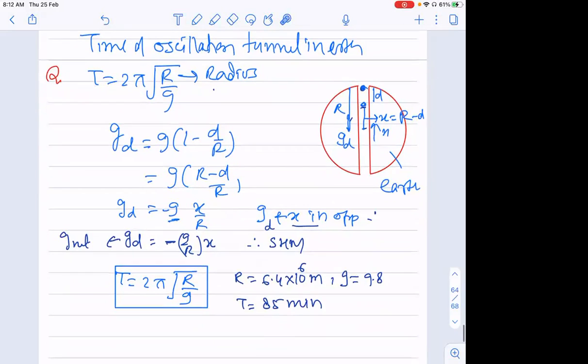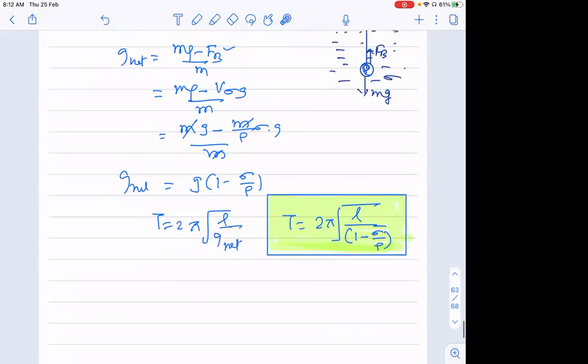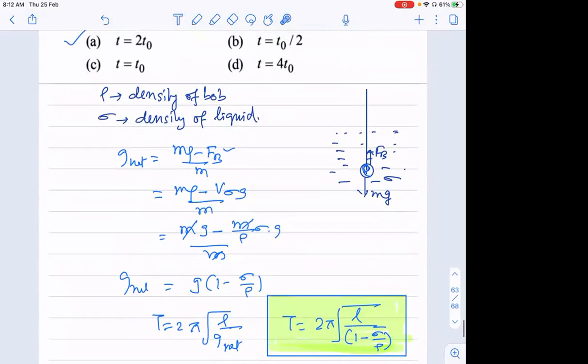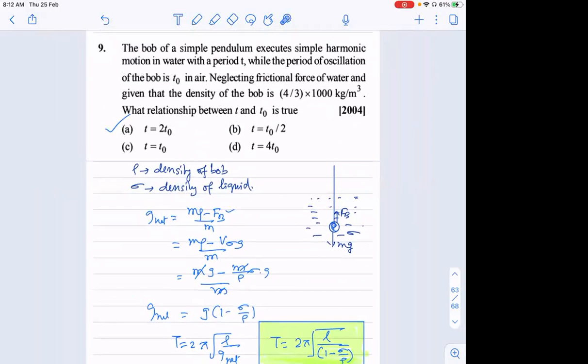So this question is also part of simple harmonic motion. ये समझ में आ गया था. ये वाला देखो, ये क्वेश्चन क्या था कि the bob of the simple pendulum executes simple harmonic motion in water with time period t, while the period of oscillation of the bob in air is t naught. वाटर में t है, एयर में t naught है.